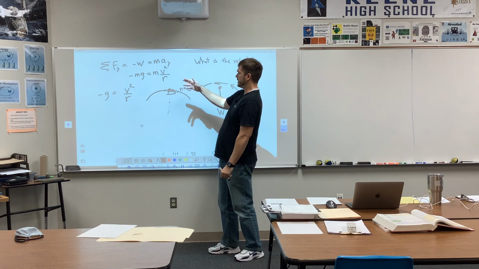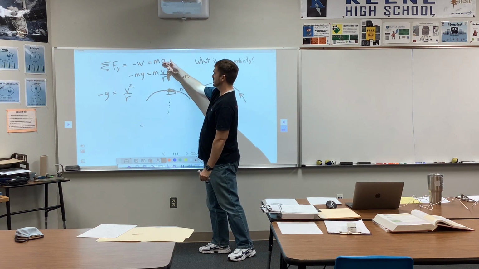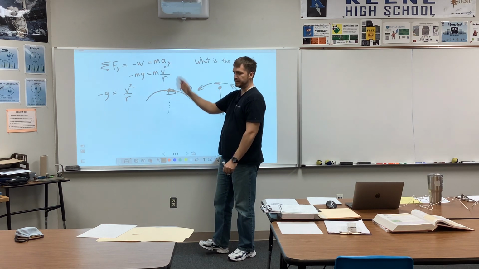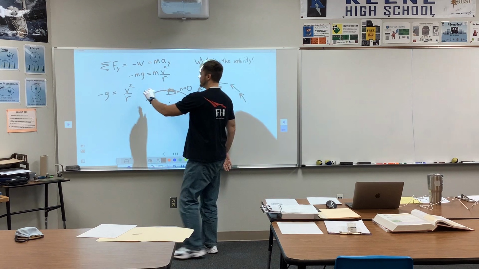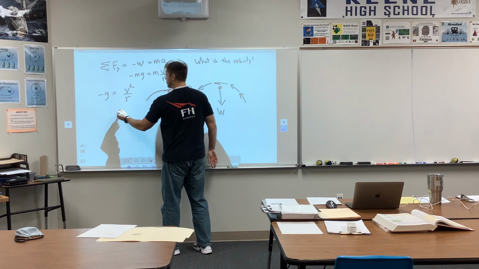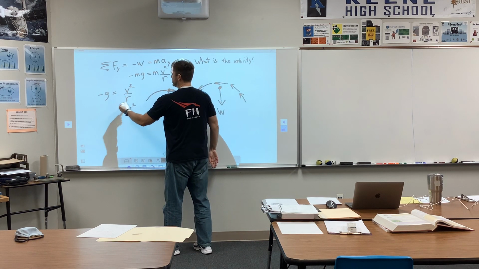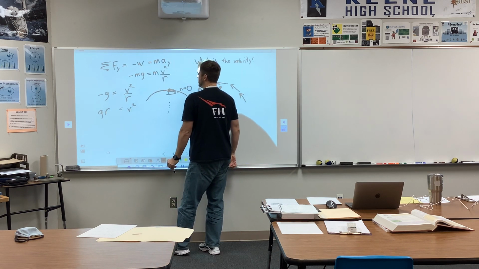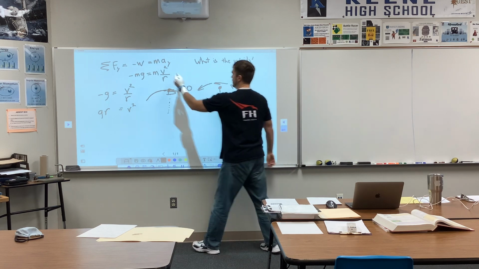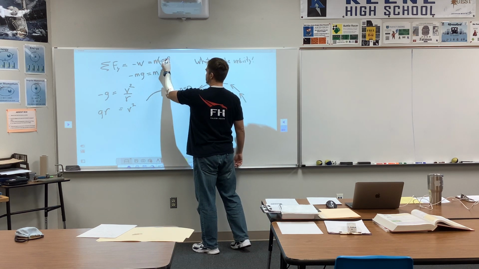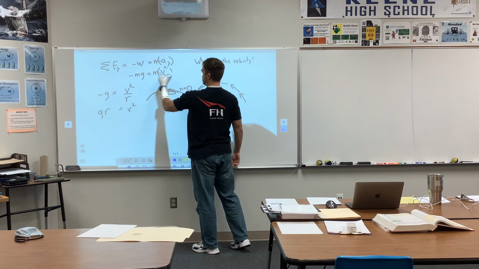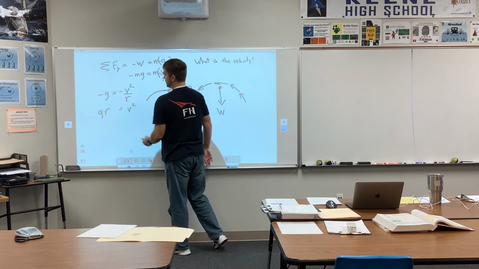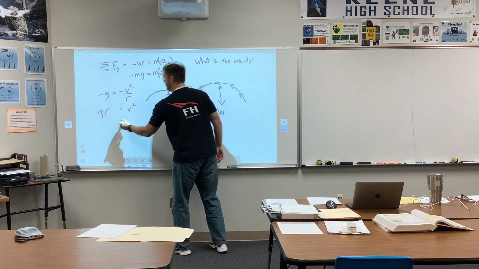Now, we've got a couple things we can do here. We could say that this acceleration is in the negative direction, and that's where the negative is coming through here. But we're mostly interested in that v squared. So we're going to multiply both sides by r, so we have g times r. If we say that acceleration is negative, and it's negative here, then we multiply both sides by negative, and it'll go away.